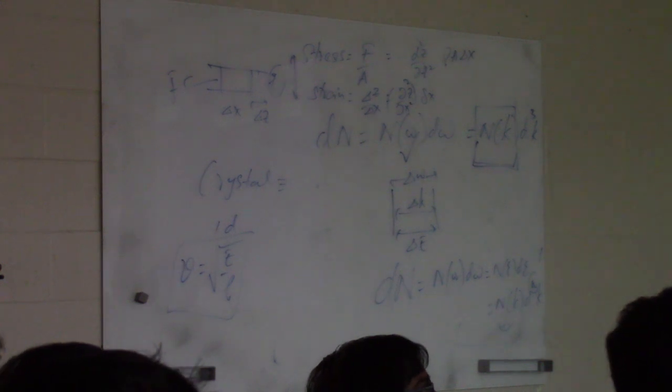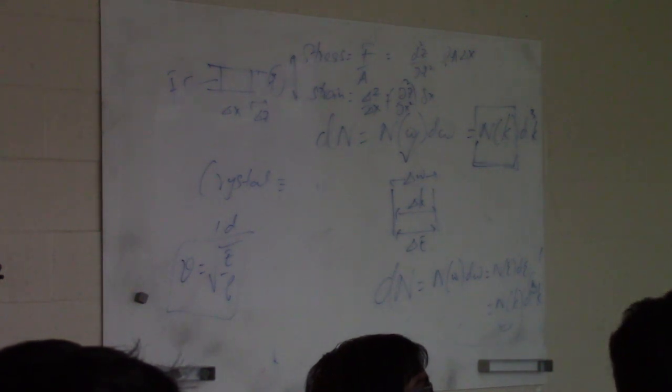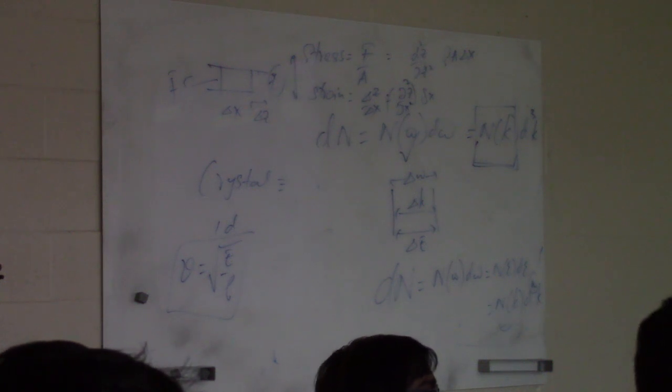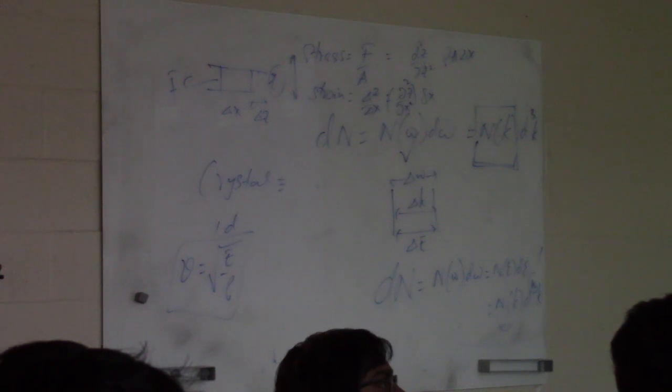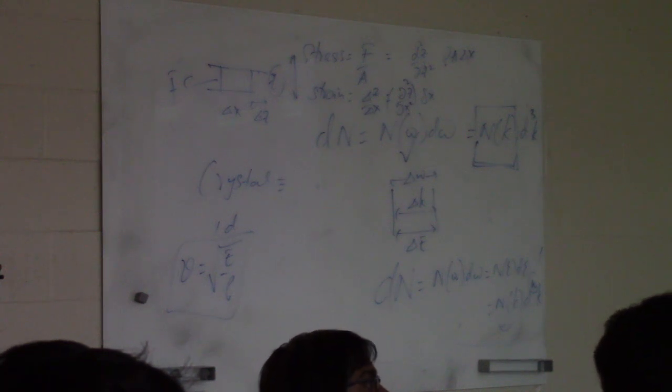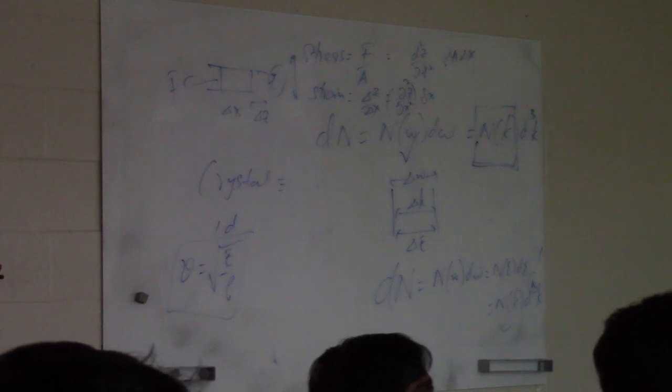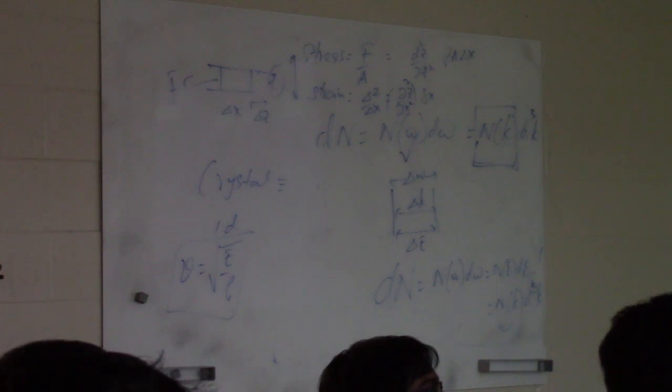You get e to the i k s a equals e to the i k s a plus k n a, right? That's it. Then the k s a cancels, and you get e to the i k n a equals 1, right?